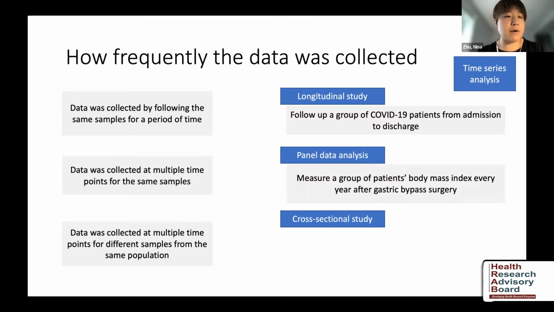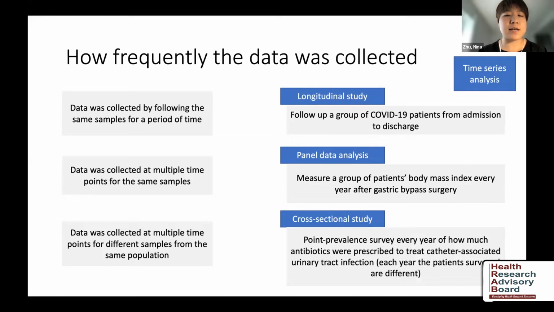The third type of study is the cross-sectional study, where data was collected at multiple time points for different samples from the same population. And this is where the confusion always comes from, because panel data analysis and cross-sectional study sometimes cause confusion. To give you an example of a cross-sectional study, I can conduct a point prevalence survey every year to see how much antibiotics were prescribed to treat catheter-associated urinary tract infection.